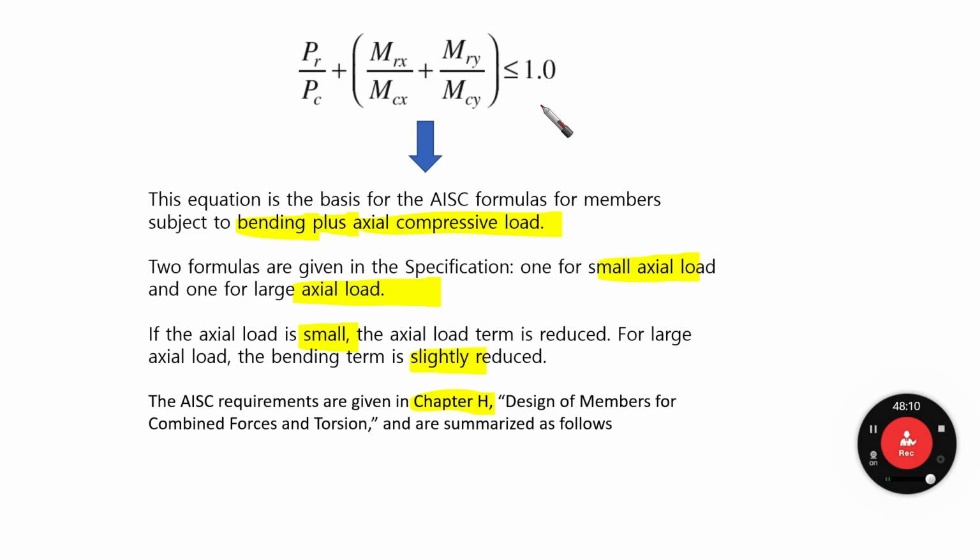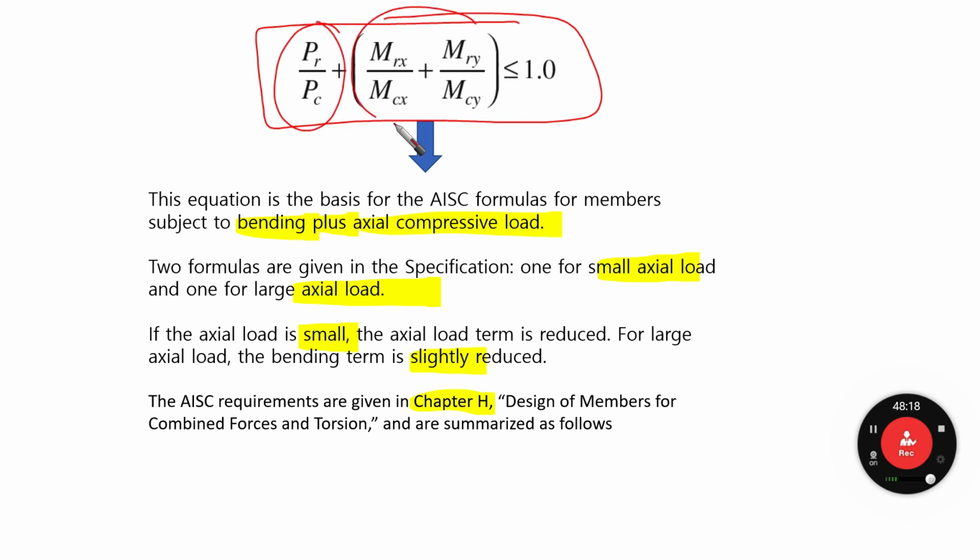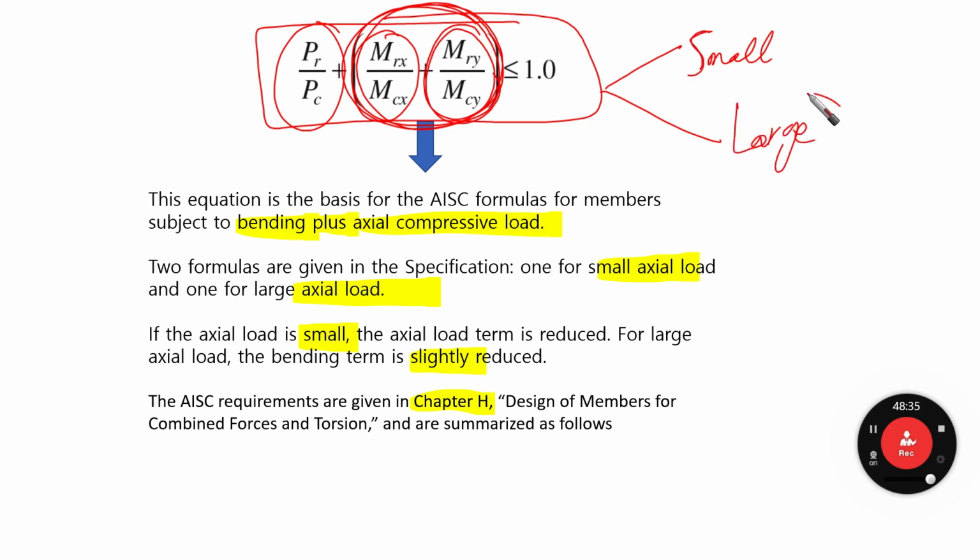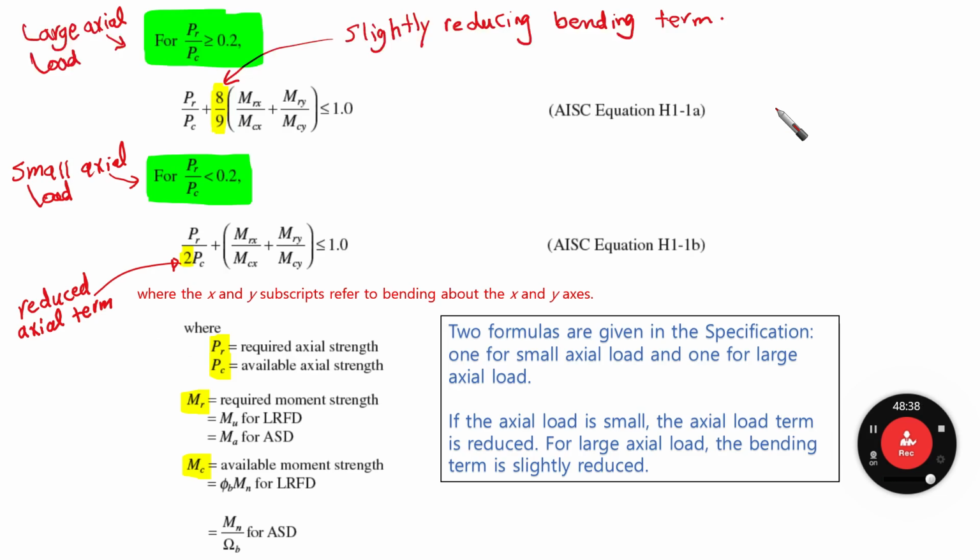AISC makes it easy for us and said that this is going to be our interaction equation, which has a term for axial compression, and another term for bending, and it is going to be two terms, one around x, one around y. And we said that we have two cases, one case for small axial force, another one for large axial force. For the case of large axial load, we are going to slightly reduce the contribution of the moment term.